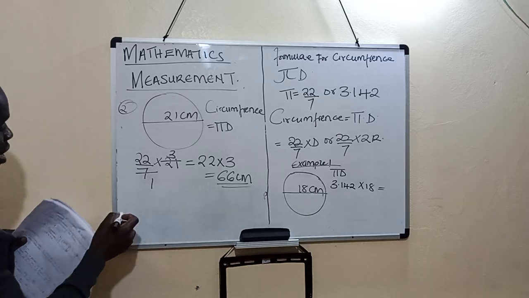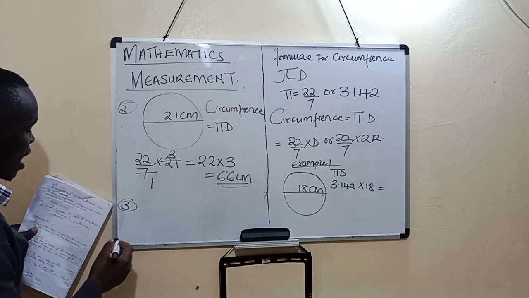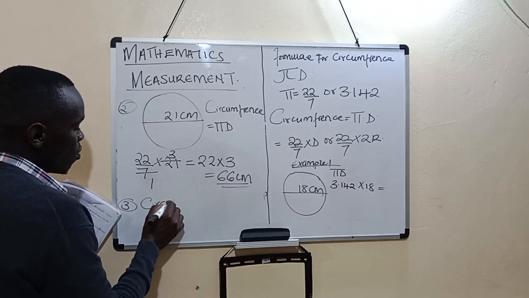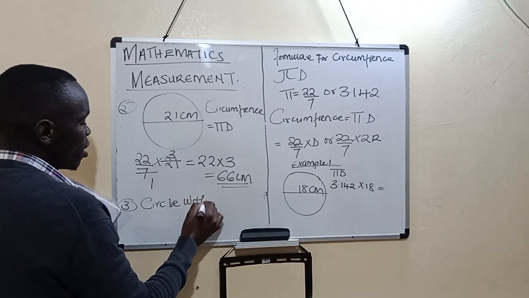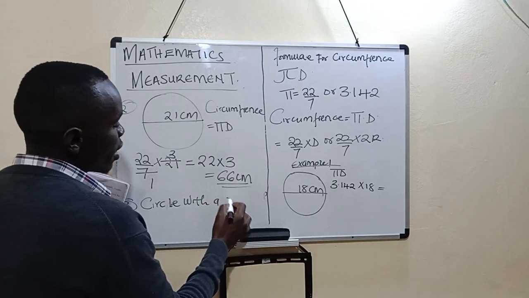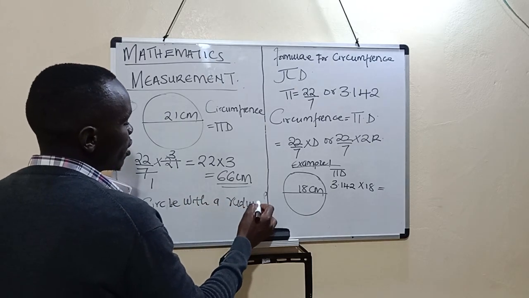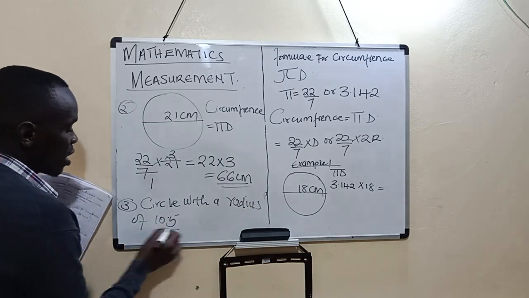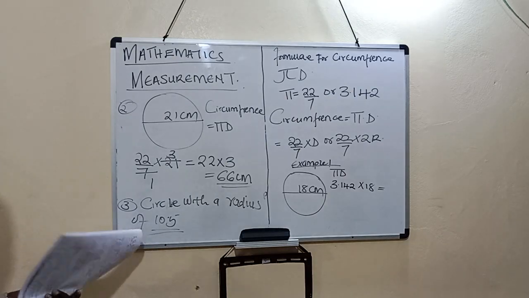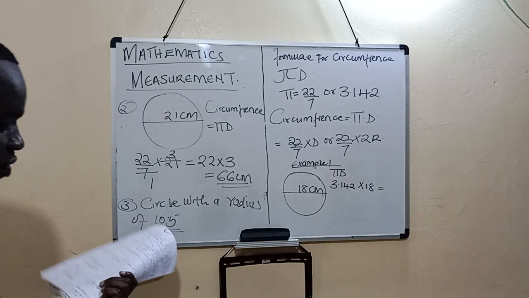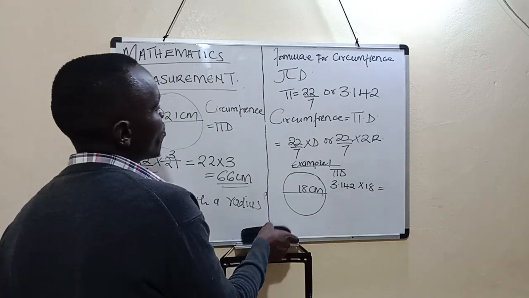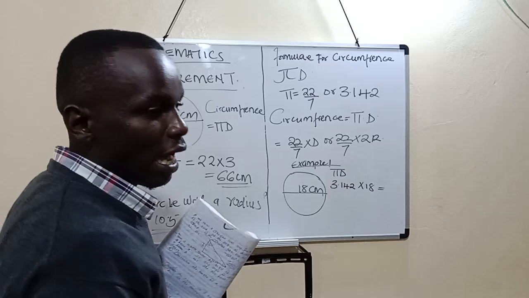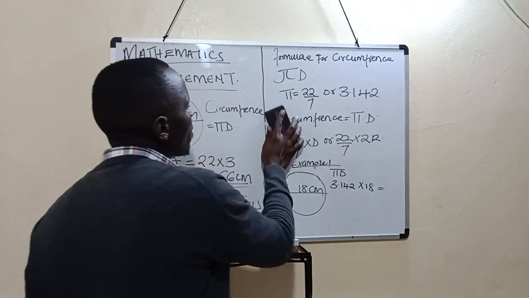Then we might have another example where we have a circle with a radius of 10.5. Let us get the circumference of this circle. I hope you are following so that we can wrap this part.